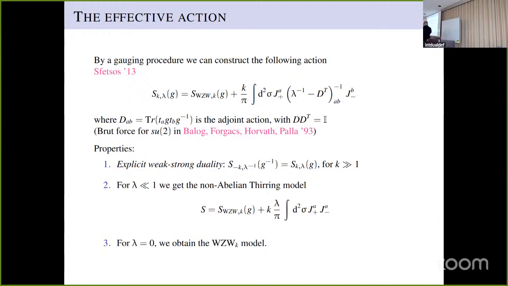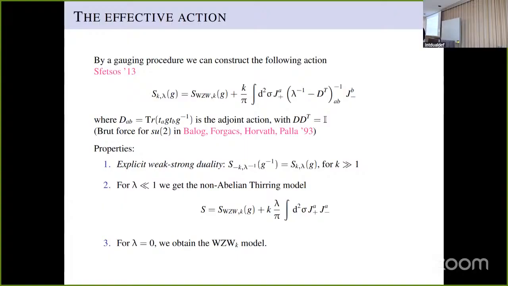This was done for a general semi-simple group. More than 20 years ago, there was some kind of brute force approach by this gentleman, but only for the SU(2) case.